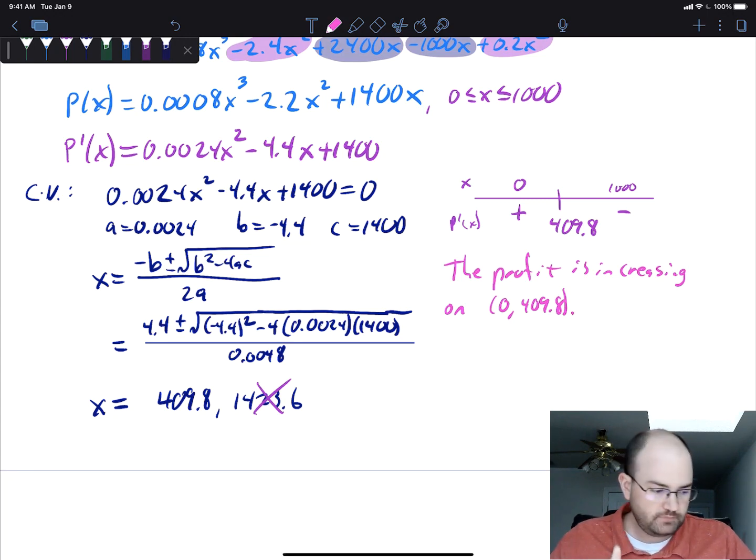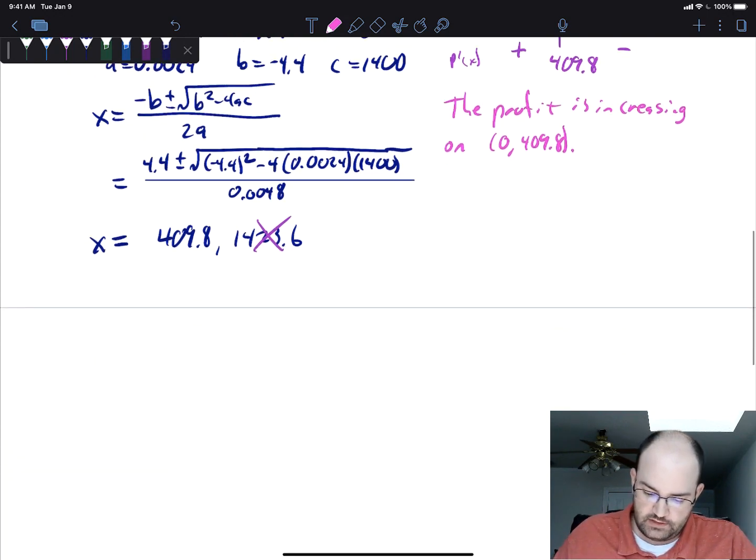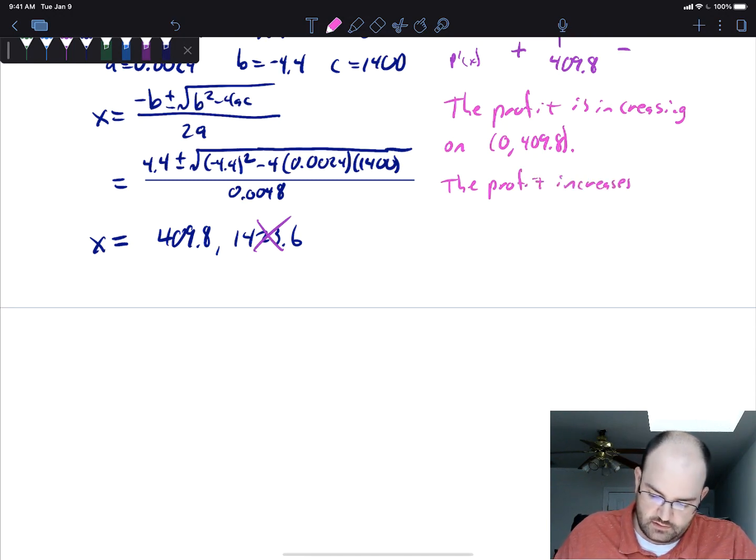Now, in terms of this question, 409.8 doesn't really make any sense because x is the number of units that are produced and sold. So 409.8 doesn't really mean much to us, so we're going to have to say 410. We're just going to go ahead and round that to the nearest whole number. So the profit increases between 0 units and 410 units.